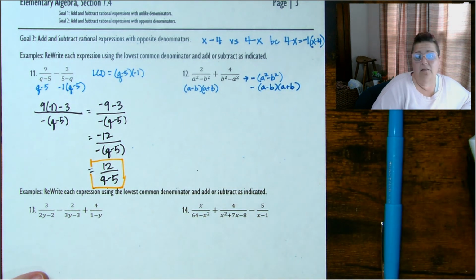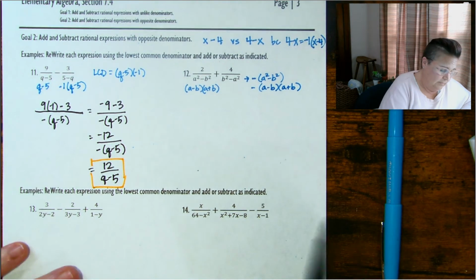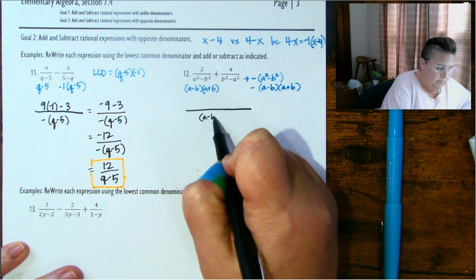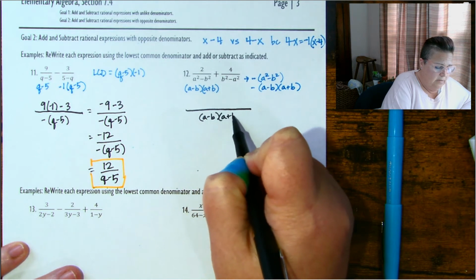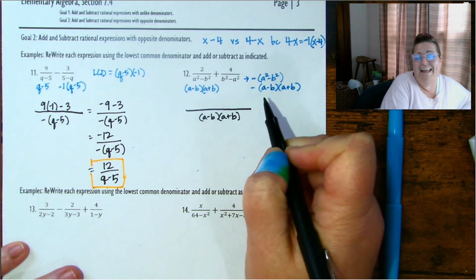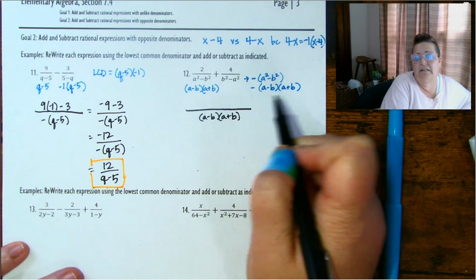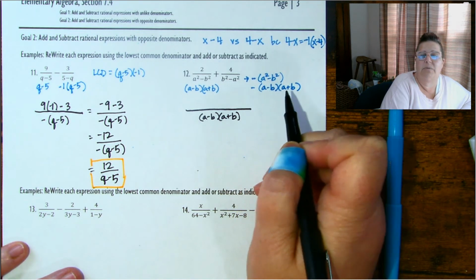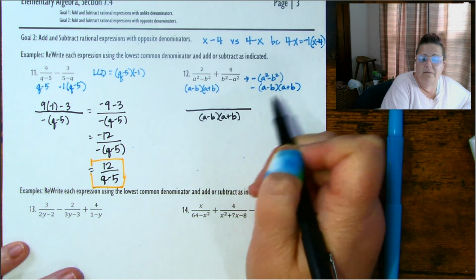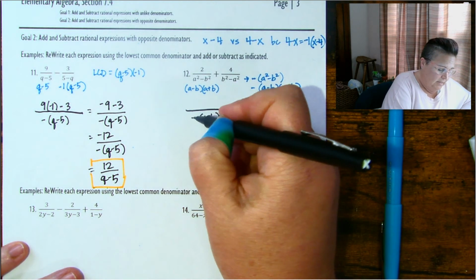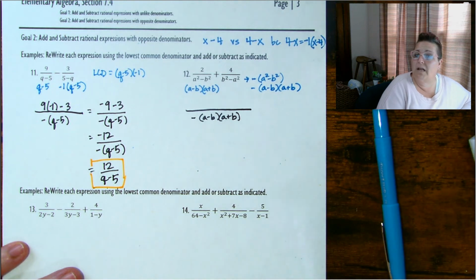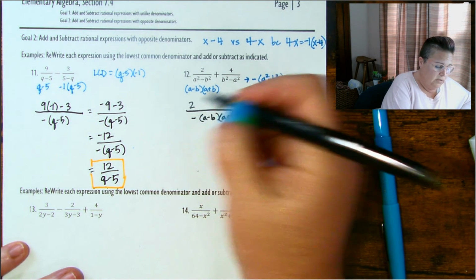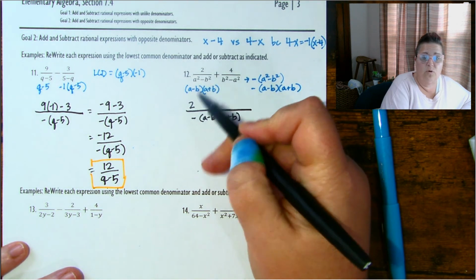This makes my lowest common denominator everything in the first denominator, a minus b, a plus b, multiplied by any factor in the second that wasn't already included. I've already included the a minus b. I've already included the a plus b. So now I just need the negative on there. Negative or negative 1, however you prefer to write it. So the first numerator is a 2.